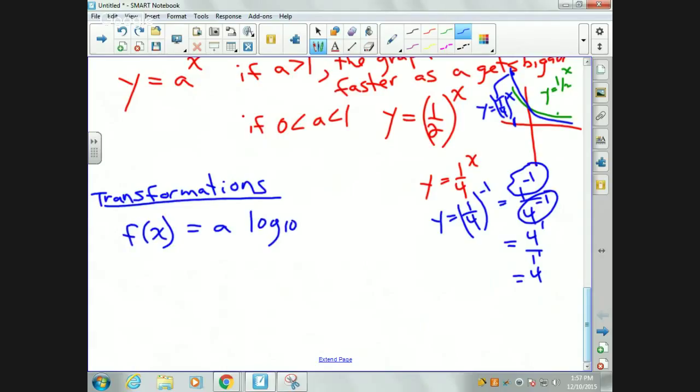I'm going to do this in base 10, and I know that I was using a for the base before. I'm going to put the a out front here because that's how we do it for every other type of function. But the same idea of looking at different bases, all of these things will apply just the same.